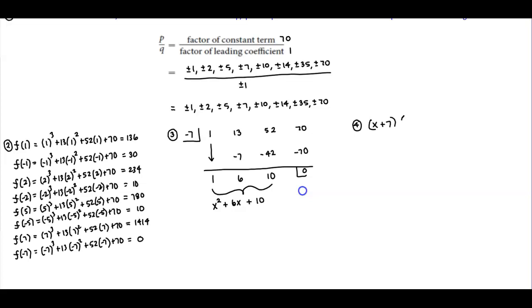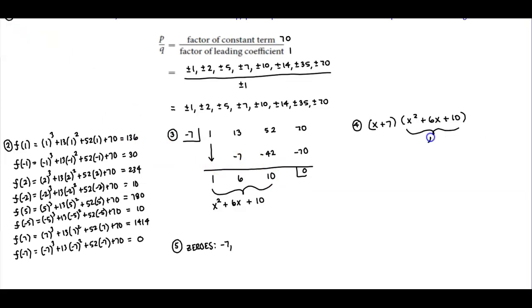So far, one of the zeros we found is negative 7. Now we need to factor x squared plus 6x plus 10.